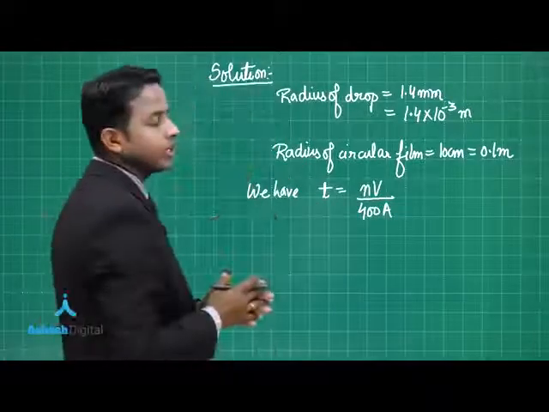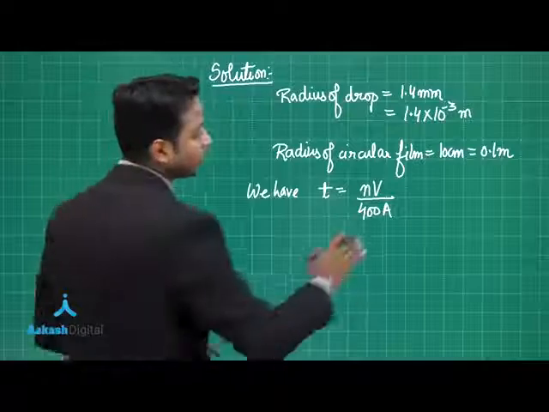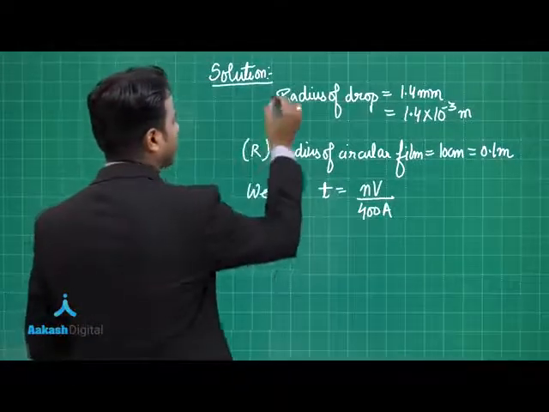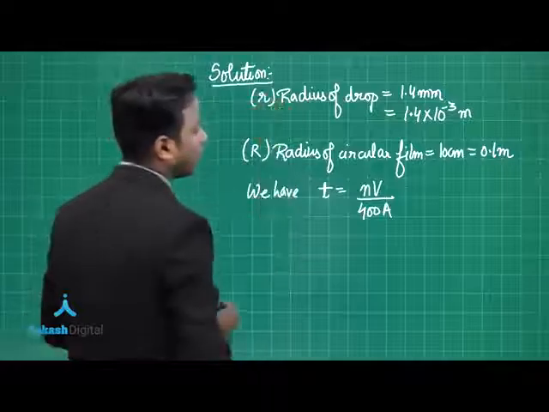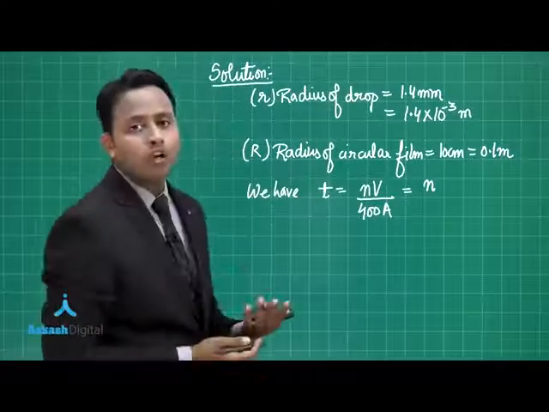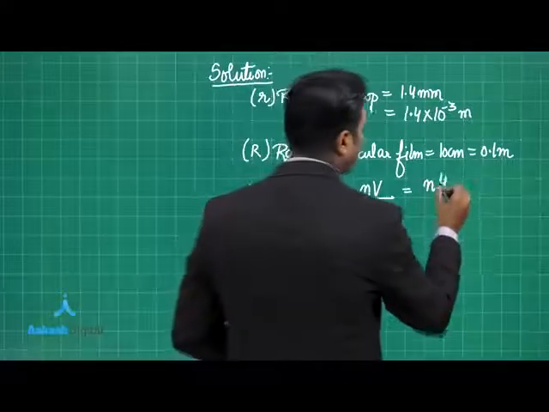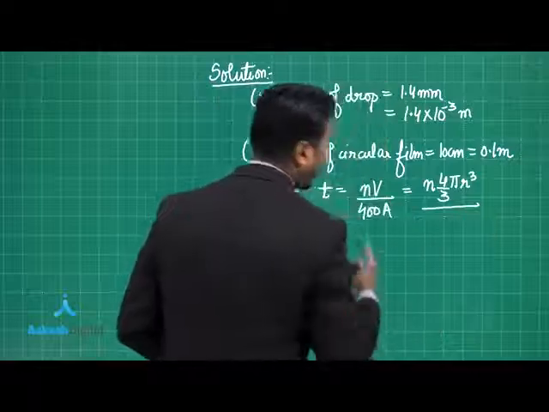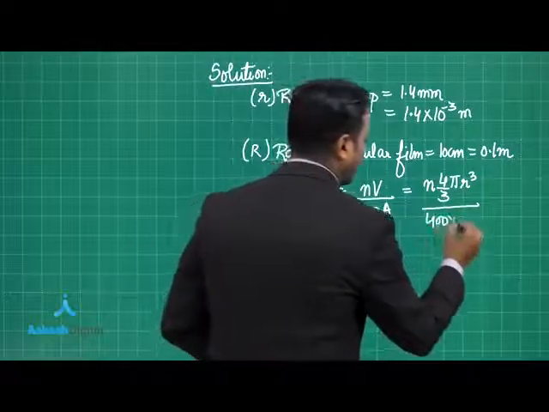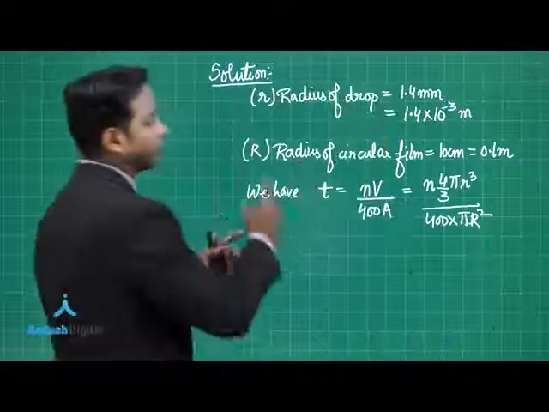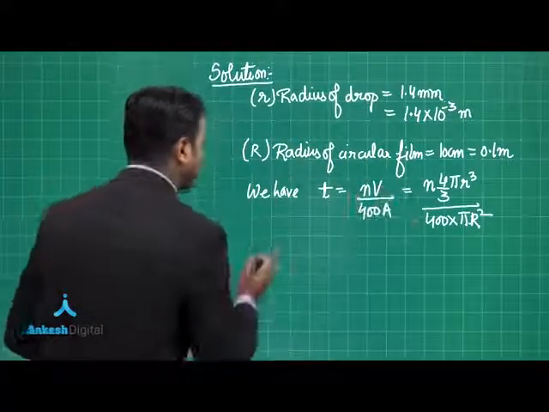Now we are assuming that a circular film has formed, so obviously the area is pi capital R square. This is being labeled as capital R and this is being labeled as small r. So this is N times the spherical volume I am assuming. So this is the volume of a single sphere, that is 4 by 3 pi r cube divided by 400 into pi capital R square, that is the radius of the film. So let's put all the values that we have.